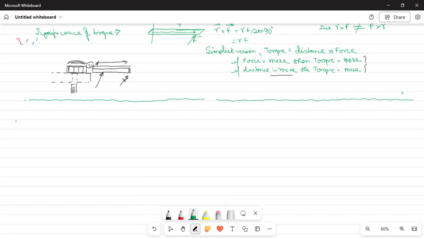What I am really looking for is of linear motion, and F equal to ma measures the amount of force.